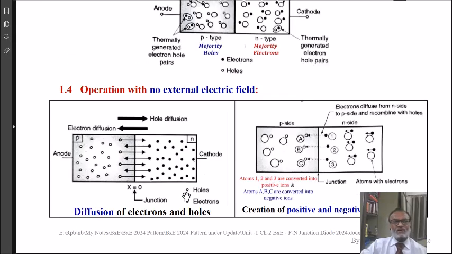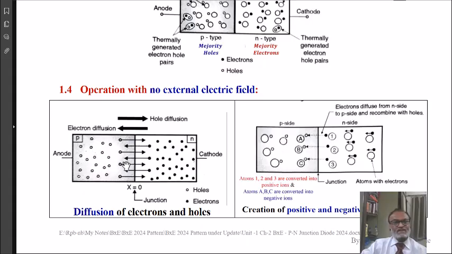Now let us study the operation of a p-n junction under no external electric field. Here in the figure, we have shown on p side the majority holes, on n side the majority electrons, and we silently drop the minority particles and the immobile ions.